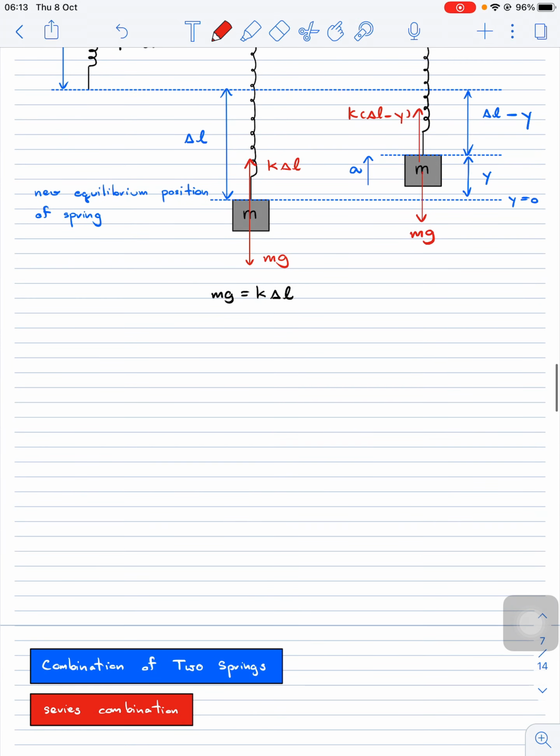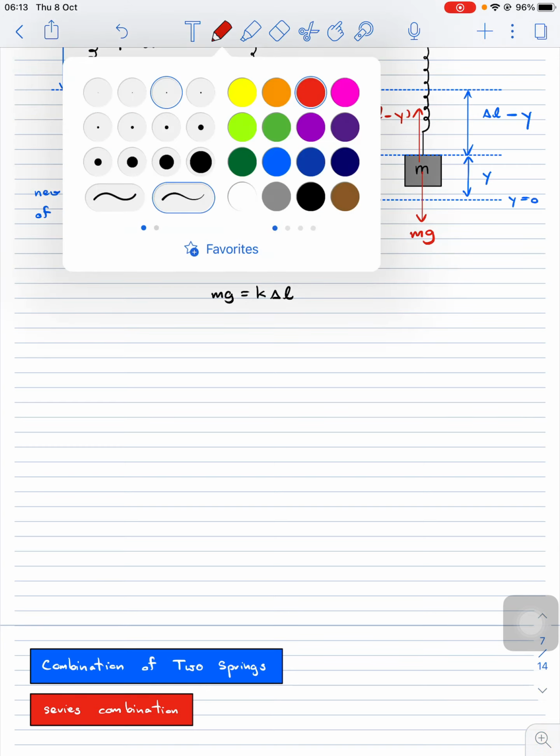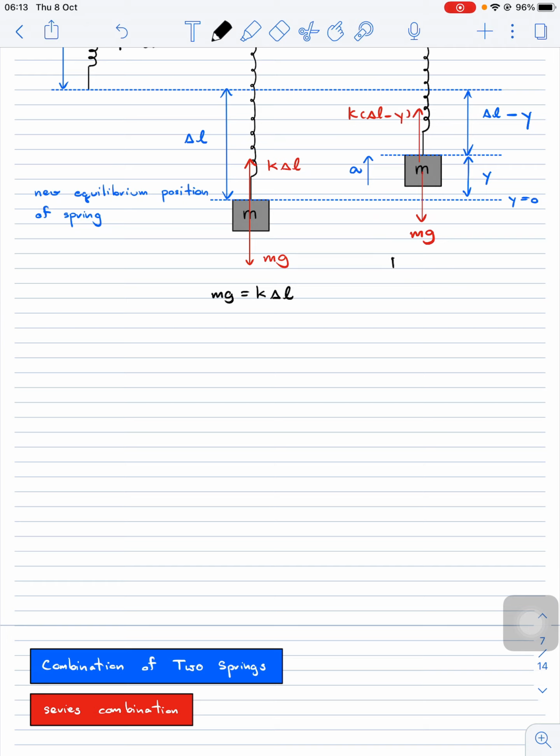The net force in this case is not equal to 0 because we have the expression. Net force is not equal to 0.